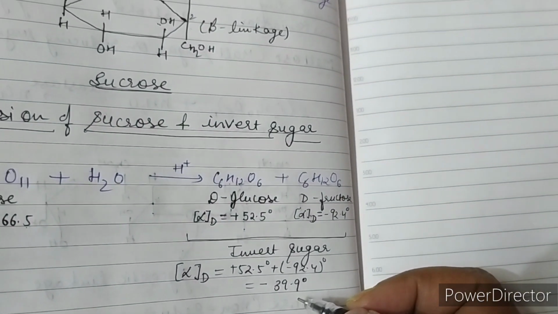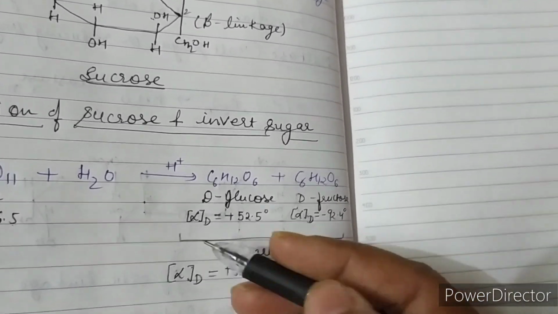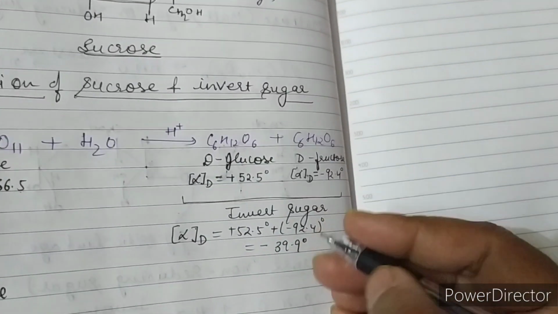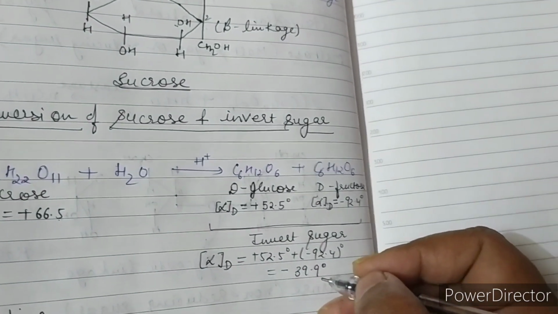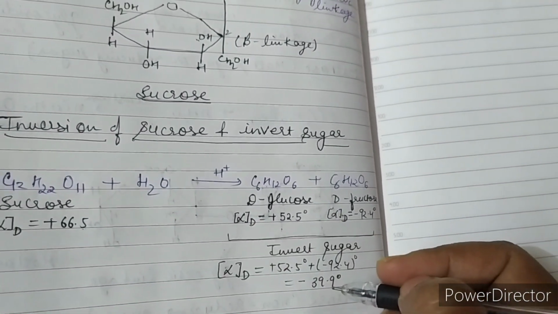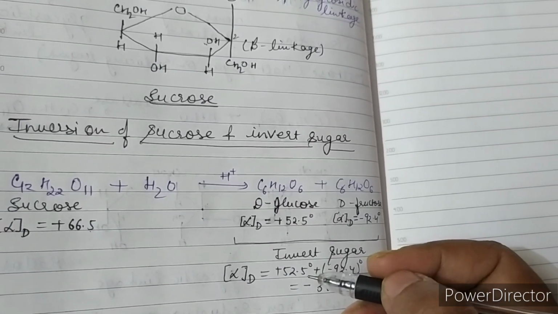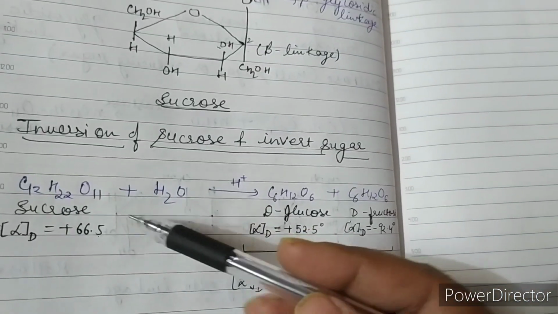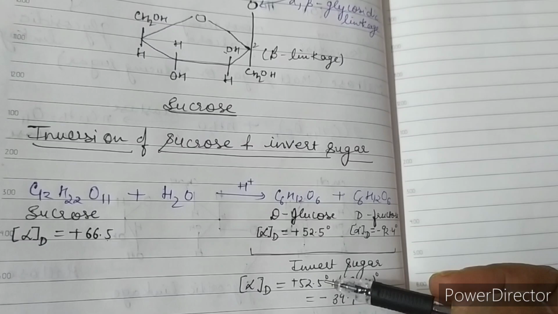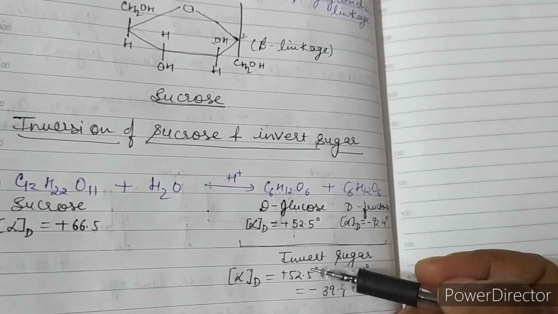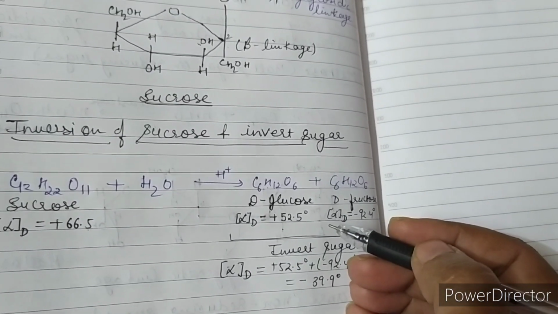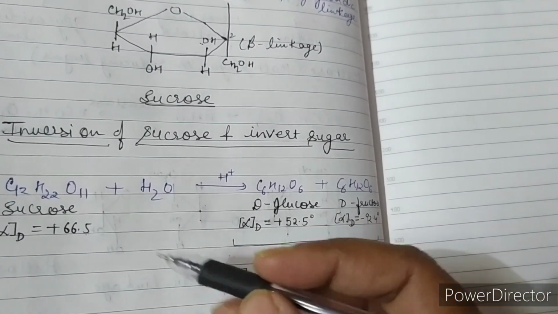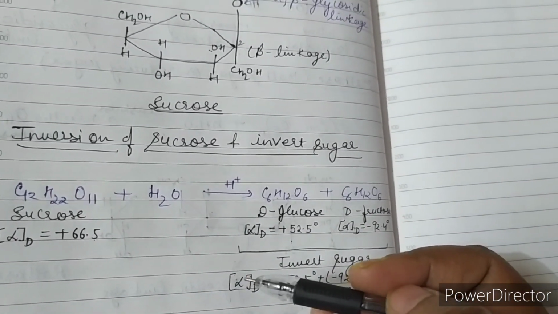That means the solution is changing from dextrorotatory to levorotatory, and the optical nature of the solution is getting inverted. So this process is called the inversion of cane sugar or sucrose, and the equimolar mixture thus obtained, this mixture of glucose and fructose, is called invert sugar.